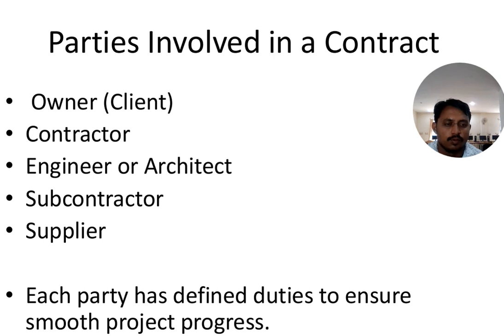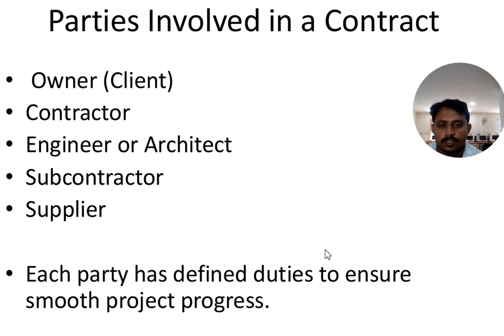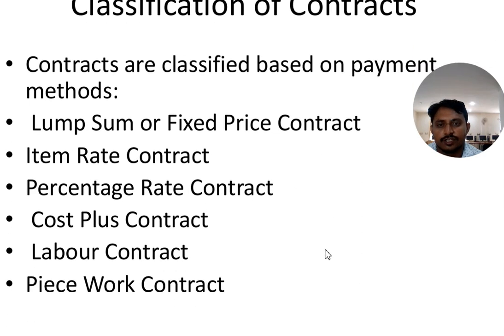The owner is nothing but the client, and the contractor is involved, engineer or architect is involved, subcontractor is involved, and supplier is involved. So these are the parties involved. Each party has defined duties to ensure smooth project progress. If there is a delay, the entire project will also be delayed.